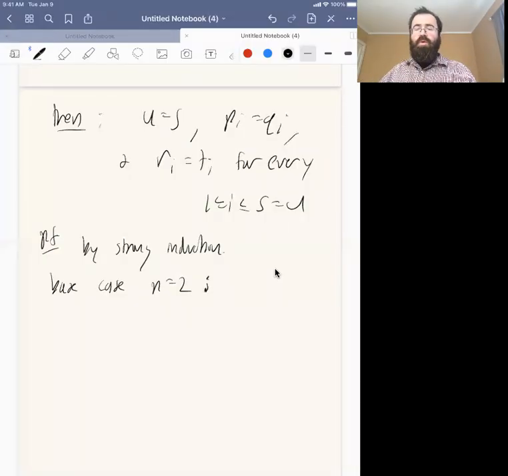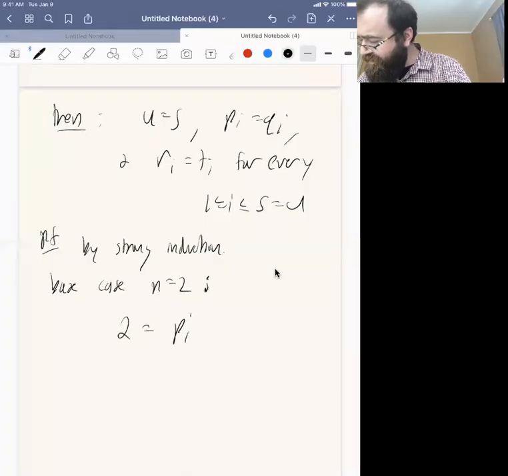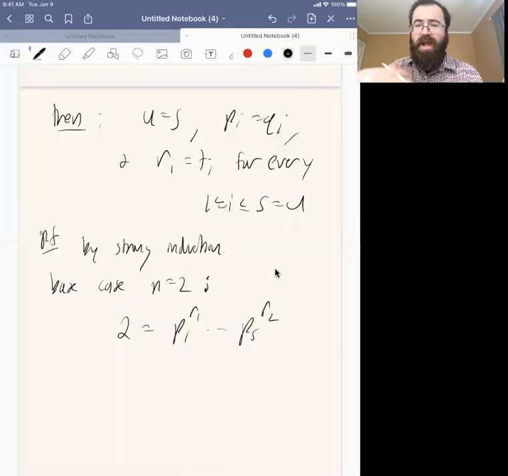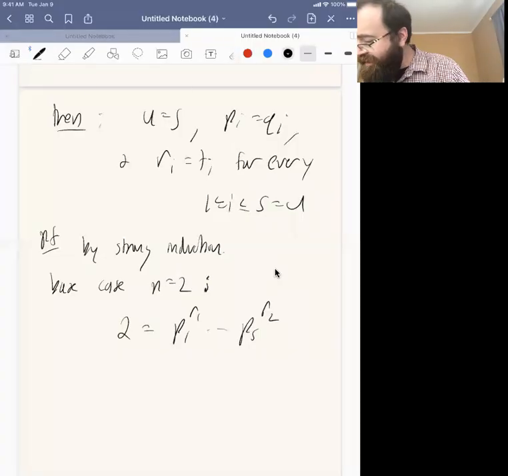So one prime factorization of 2 is just 2 to the 1 and nothing else. So we have 2 is equal to p1 to the r1 through ps to the rs. So suppose you could break 2 down into some other prime factors. You obviously can't, because any other prime is greater than or equal to 2. But let's think about it for a minute. Each p1 through ps is a prime number.